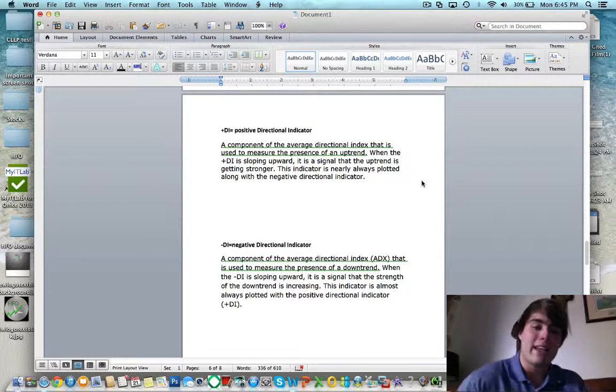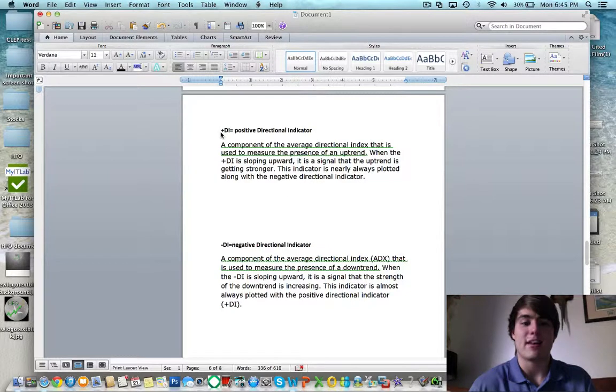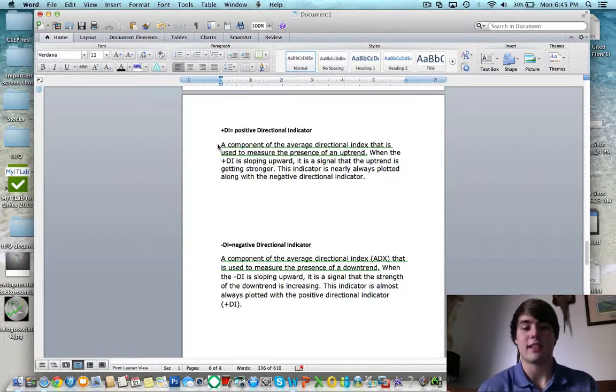We went over the ADX. Breaking the ADX down, it is an average between the plus DI, which is the positive directional indicator, and the minus DI, which is the negative directional indicator. Positive DI is going to be the uptrend, and it sloping upward is a signal that the uptrend is getting stronger.